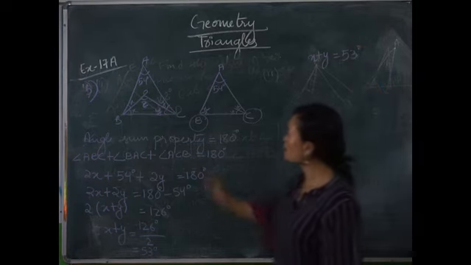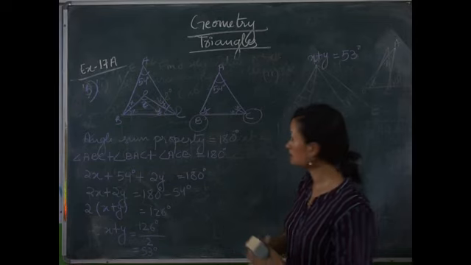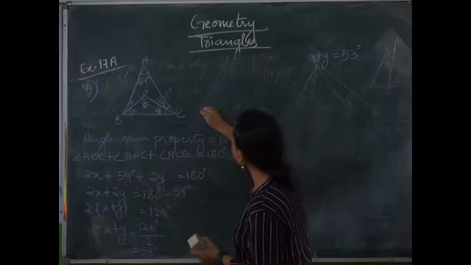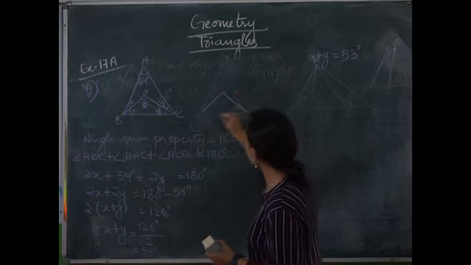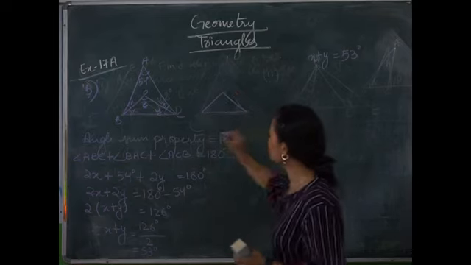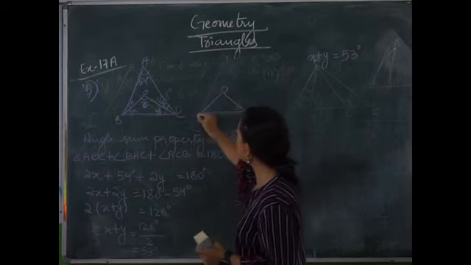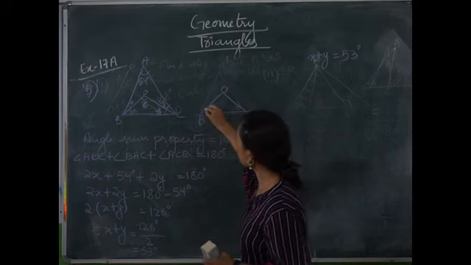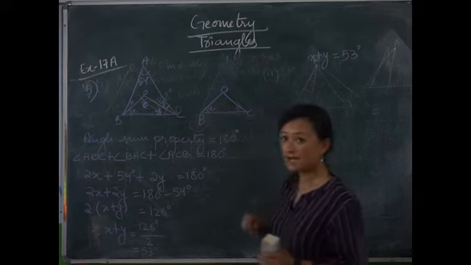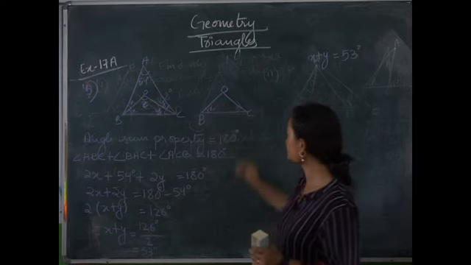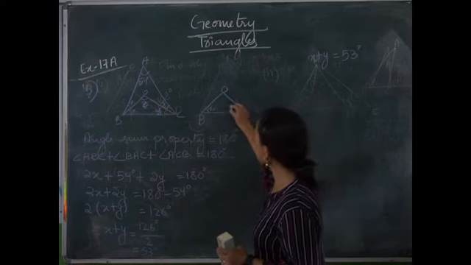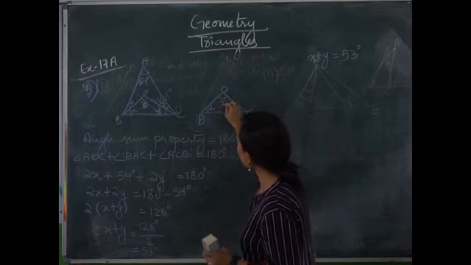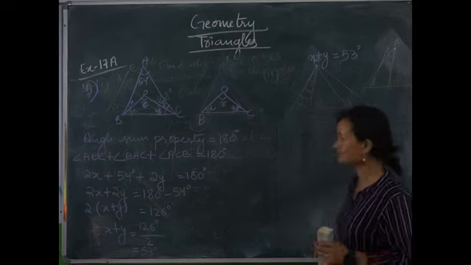Okay. Now we're done with this outside triangle. We move on to the triangle which is inside, which is your OBC. Now in this triangle OBC, angle OBC is your x, angle OCB is your y, and angle BOC is your z.